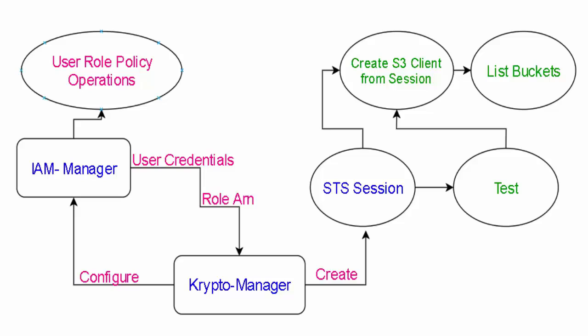Once we've set up all the IAM entities, we will feed that data into Crypto Manager, which will run a test where it will create the STS session, create an Amazon S3 SDK client, and do some S3 operations with the temporary STS credentials. We will first test everything against LocalStack, then we will run the test against AWS.